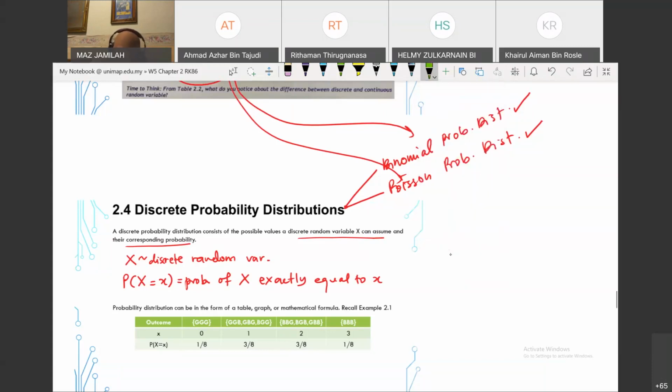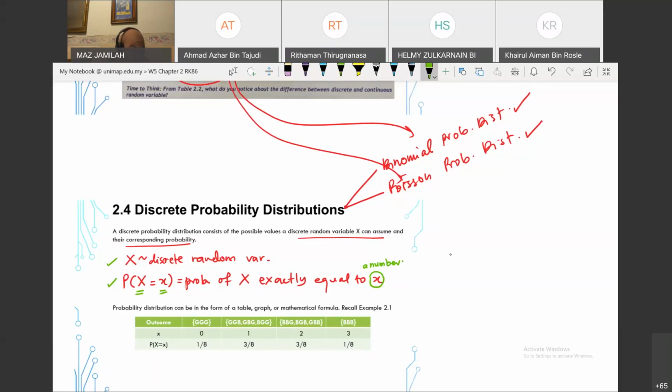So this x is a number. Equal to what? 1, 0, 3, 5, whatever number you can have, depending on the experiment you are referring to. First, we know that our X is a discrete random variable. Second, the probability of this random variable equal to one value is defined as probability of X exactly equal to x.